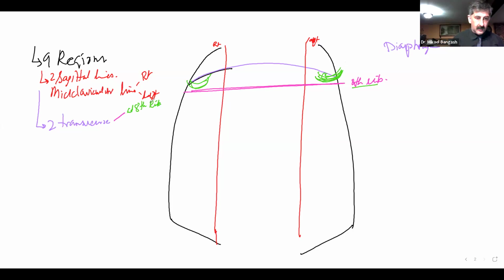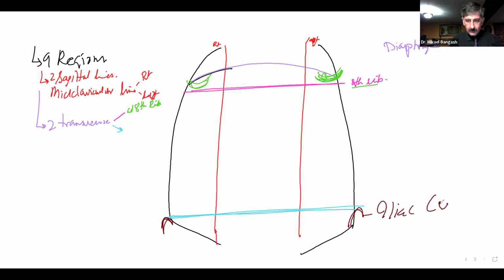The other transverse line is going to be here. And that's going to be at the level of what we call the iliac crest.